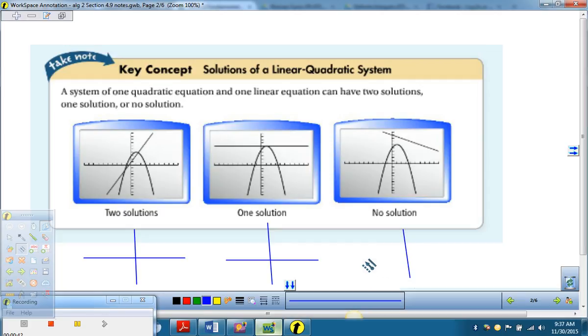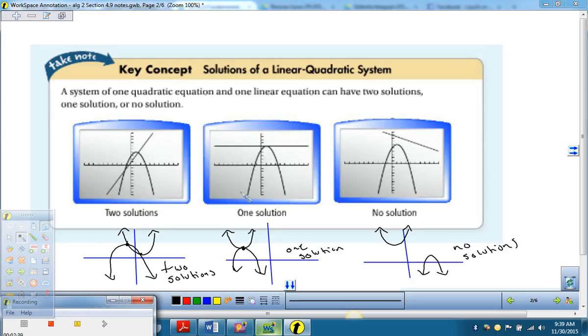So that's when we have a parabola and a line. And I'll make some sketches down here for when we have two parabolas. So when our system consists of two parabolas, here are the sketches of what it would look like if we had two solutions, one solution, or no solution.